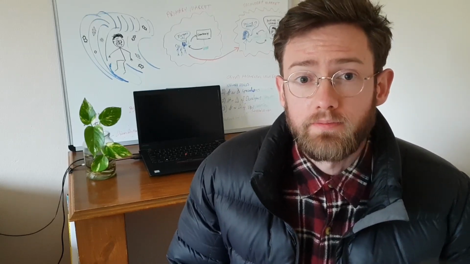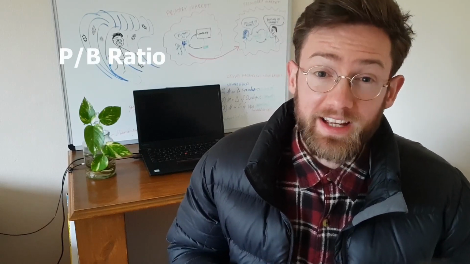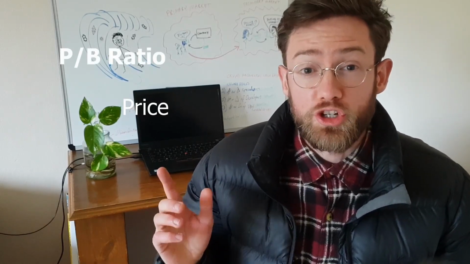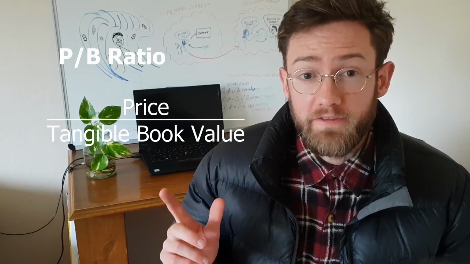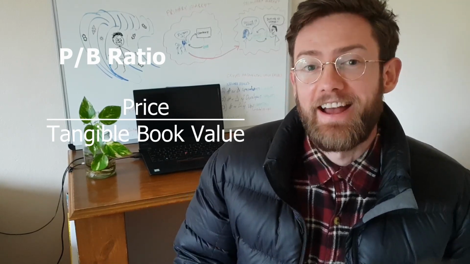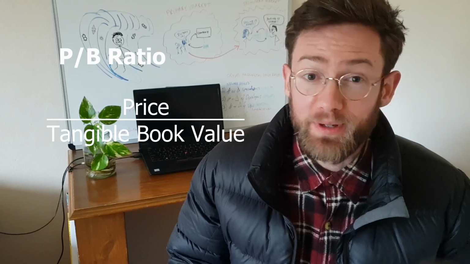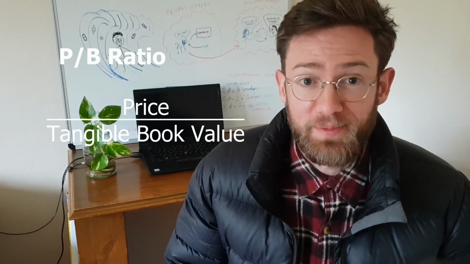The PB ratio is the price per share divided by the tangible book value per share, which is quite a mouthful, but it's not that complicated. I'll explain.